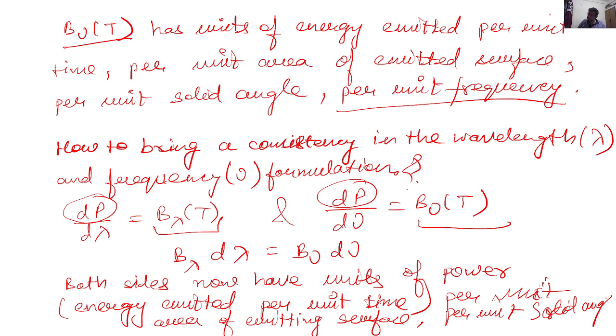That's better. So now b lambda d lambda is equal to b nu d nu.